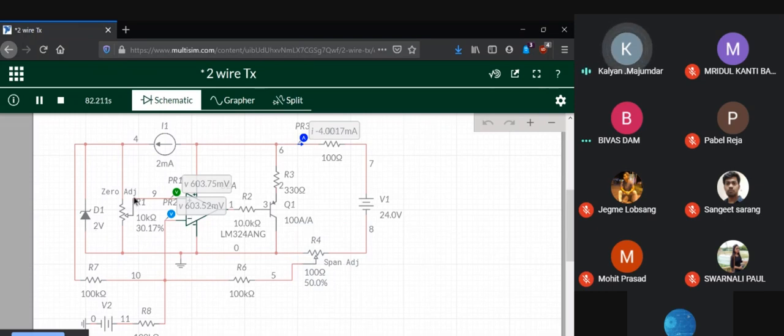Now I will not change the zero adjustment, I will alter the span adjustment. It was 50% so far. Now let us change the 50 to 40, anything can be done. I'll just change this to 40.